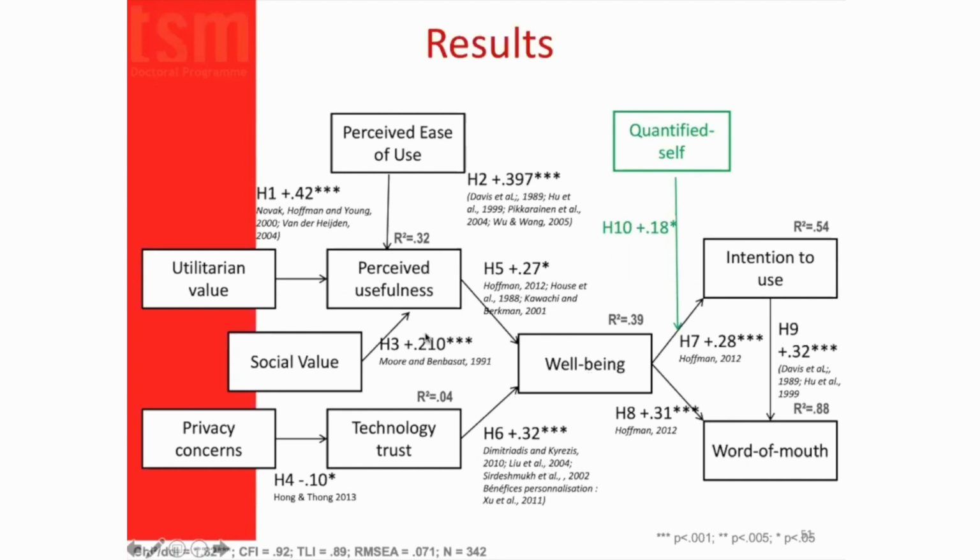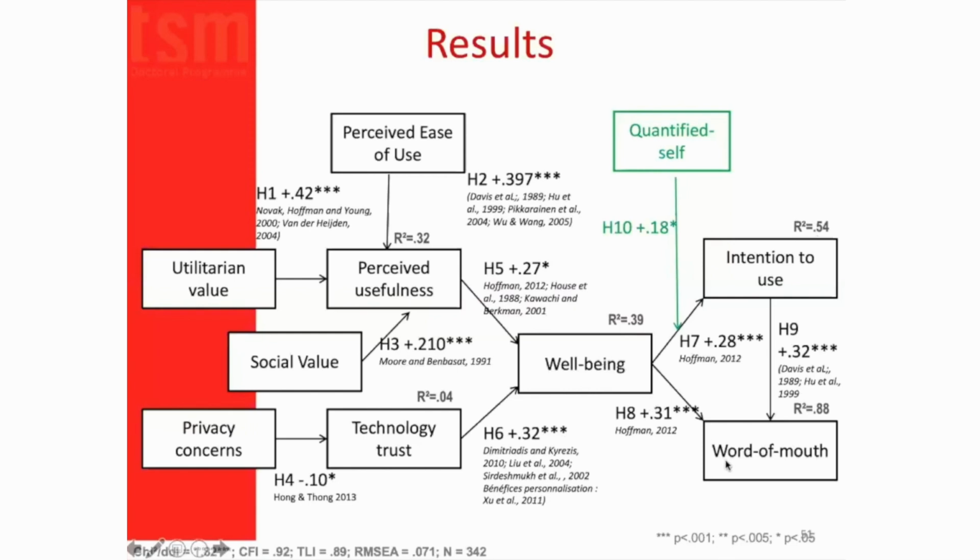So until now, all our hypotheses are confirmed. We confirm furthermore that well-being is a mediating variable, because the higher the well-being, the higher the intention to use. This impact is moderated highly by the quantified self, which means that the more people are concerned with measuring and monitoring their life with smart connected objects, the higher will be the impact of well-being on intention to use.